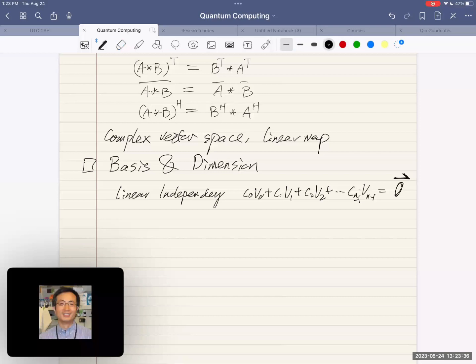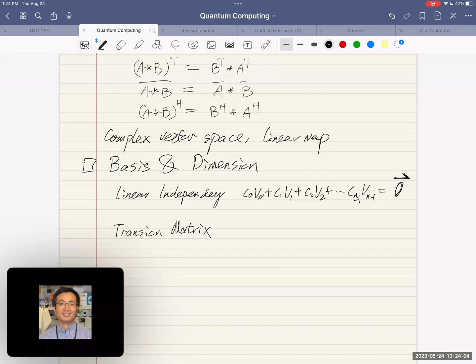Another concept here, which is quite relevant to quantum computing, is the transition matrix. It basically changes from one basis matrix into another.